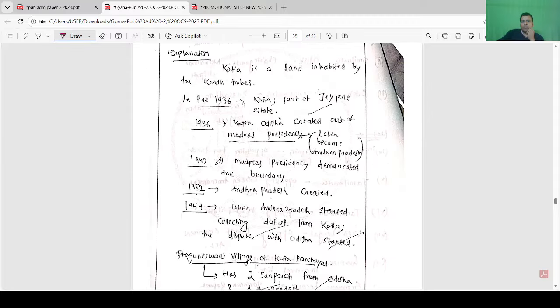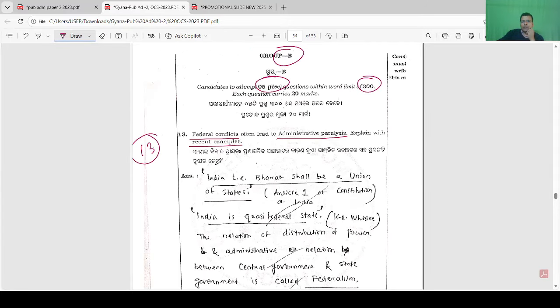Because here we need to write not only interstate but federal conflict, meaning conflict between center and state. The center and state have three types of relation: administrative, legislative, financial. And the conflict between center and state leads to administrative paralysis.